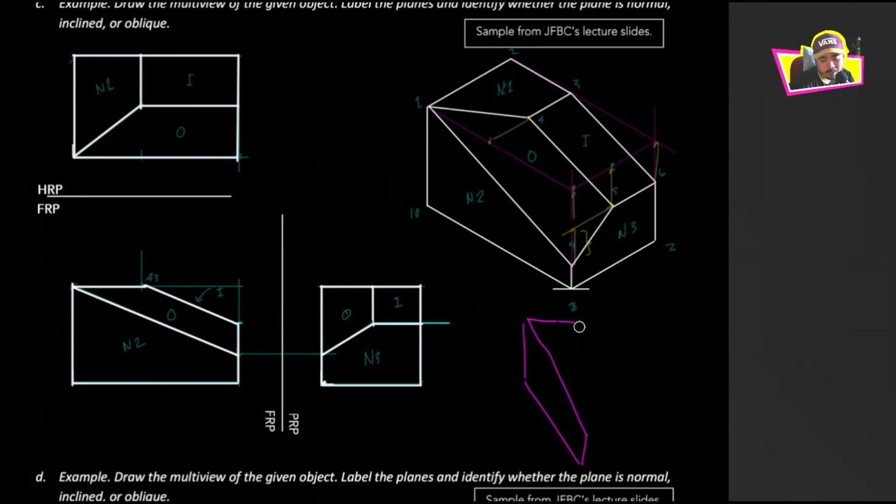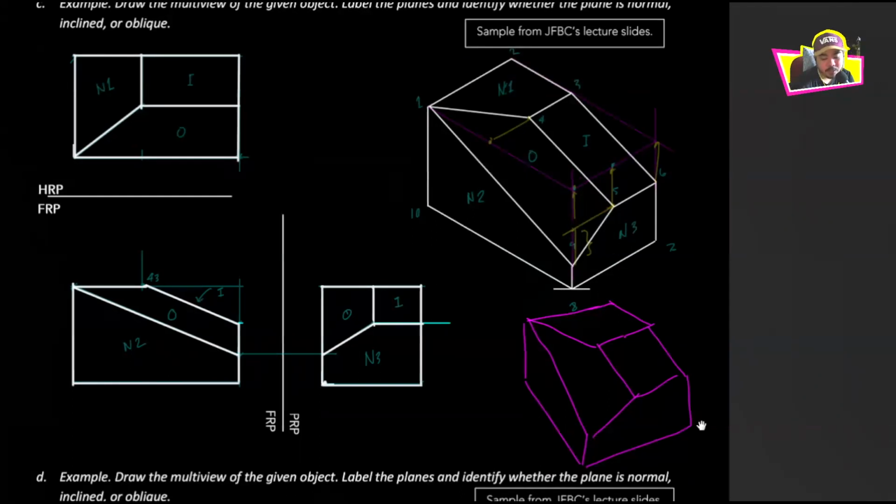Let me try to show it in its perspective view. Dapat medyo ganyan siya, di ba? Okay? I hope you can imagine it. Parang ganyan. Okay. So something like that. Tama?